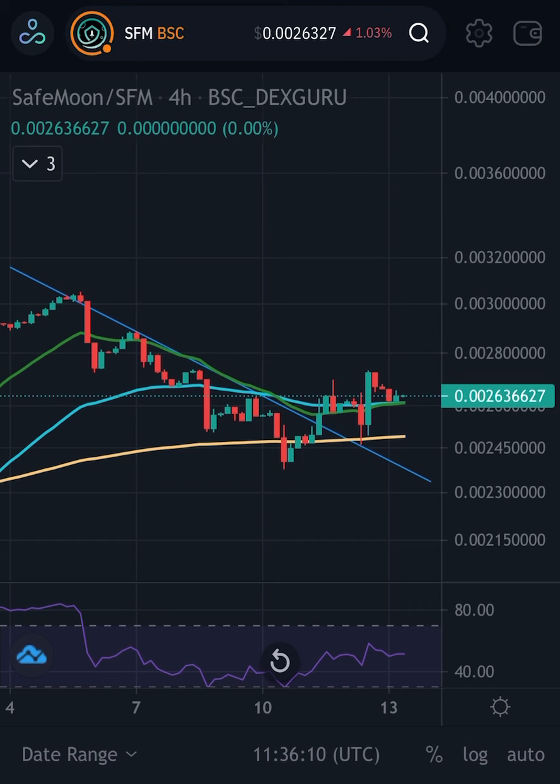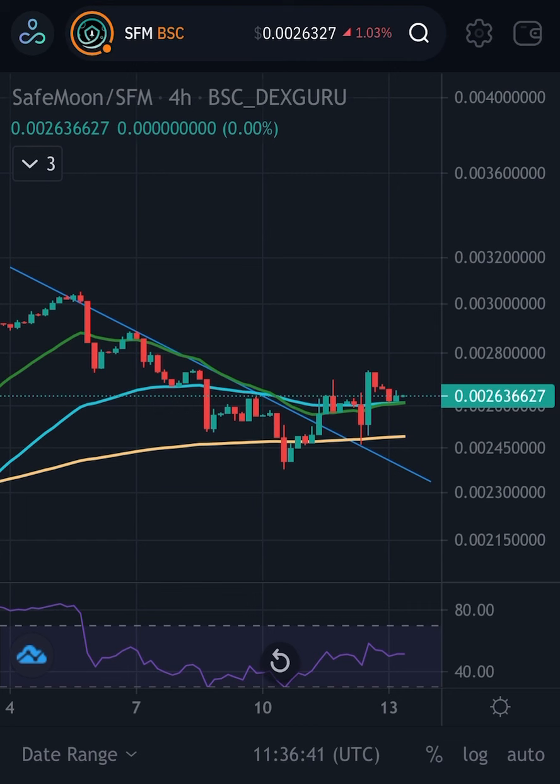When Bitcoin sneezes, the rest of the market catches a cold. As well as when Bitcoin rises and regains its bullish momentum, so does the rest of the market. Many altcoins saw a rise of 10%, 12%, and so did Safemoon. Not only did we bounce back, we broke out of the bearish trend. So now we're trying to reset the next moves and where we are going.